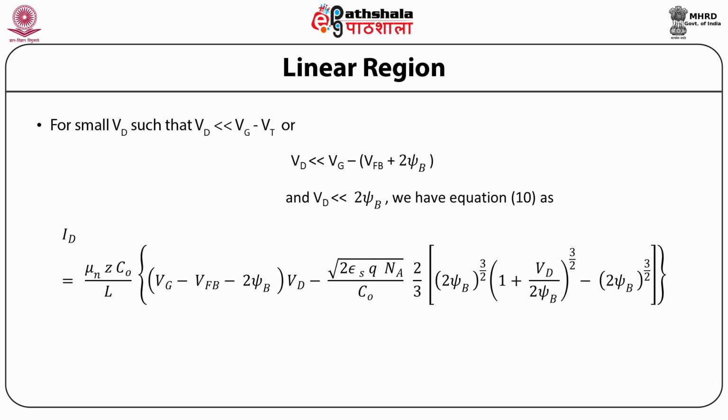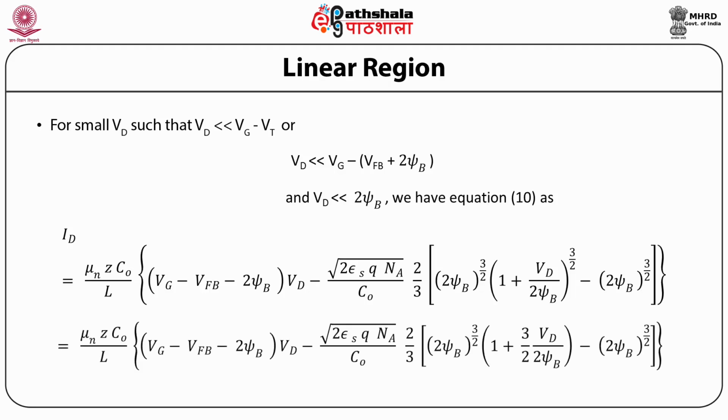This whole is multiplied by Vd minus root of 2 epsilon s q Na by C naught multiplied by 2 by 3. This is multiplied by 2 psi b to the power 3 by 2 multiplied by 1 plus Vd by 2 psi b to the power 3 by 2 minus 2 psi b to the power 3 by 2.